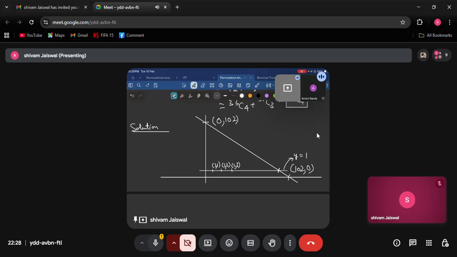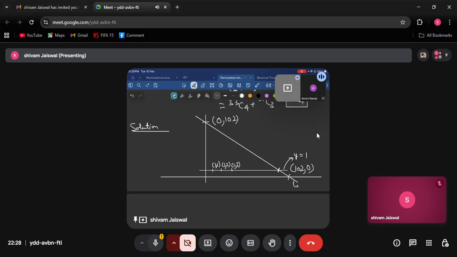This point, what are the coordinates of this point? This line is y equal to 1. What is the equation of this line? Tell me, everyone. Sir, x plus y equal to 102.